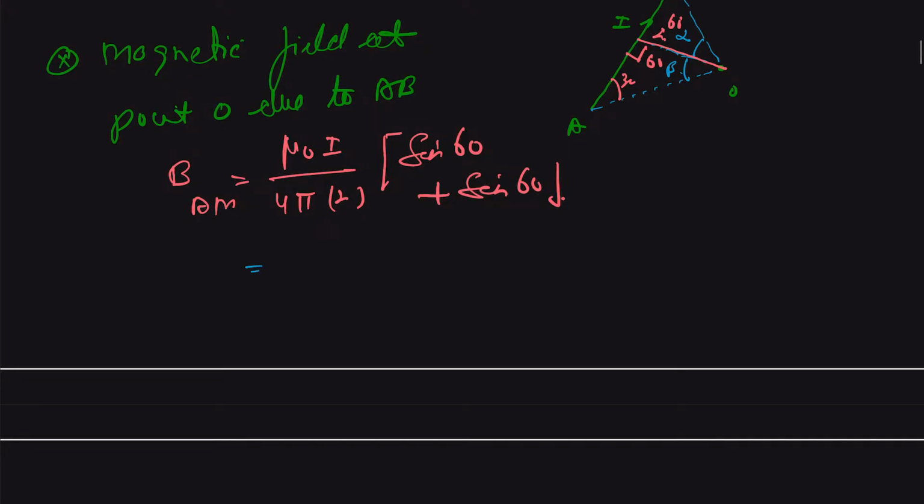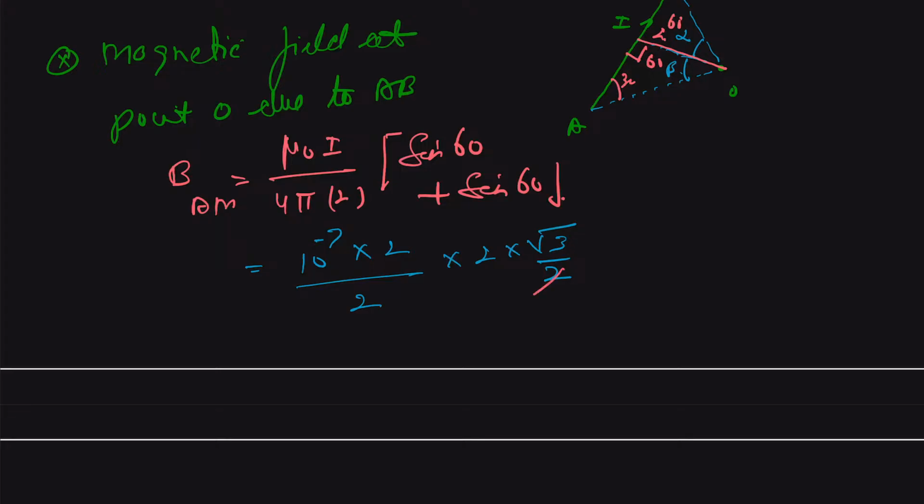This mu naught upon 4 pi is about 10 to the power minus 7. Current is given as 2 and the denominator is having 2 and sine 60, so this will be 2 into root 3 by 2.